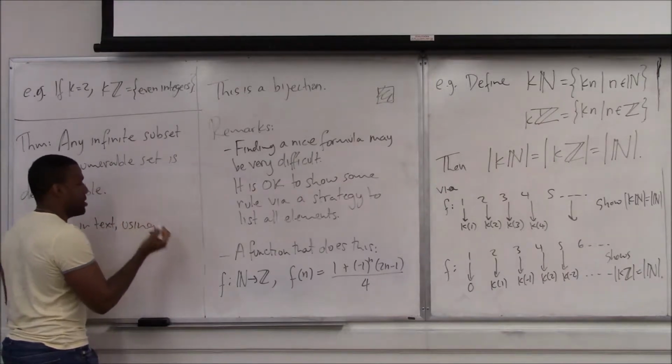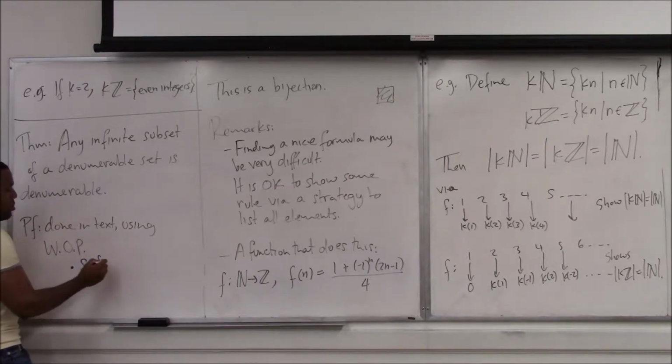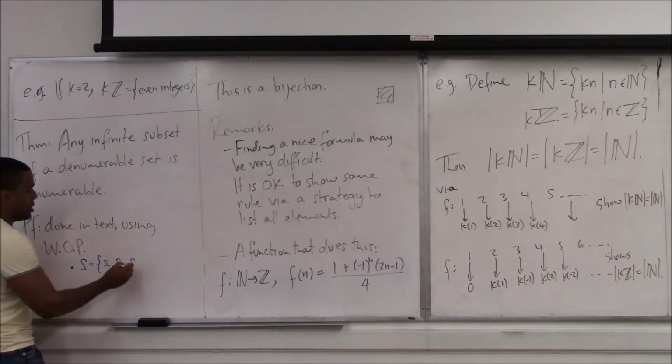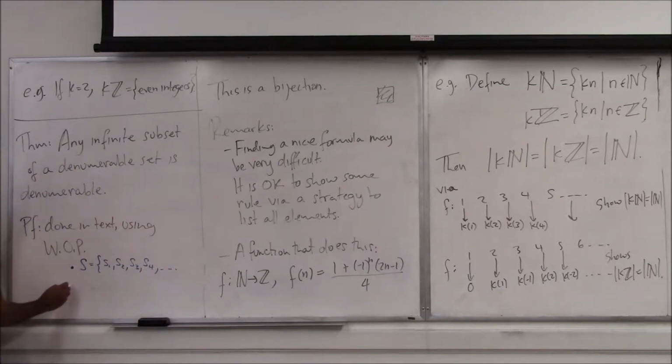Not terribly complicated, but it's a very long thing to write out, and I just don't want to bother. So it basically starts out by assuming that there's some denumerable set S with S1, S2, S3, S4, and then it creates a subset of S that's also infinite.